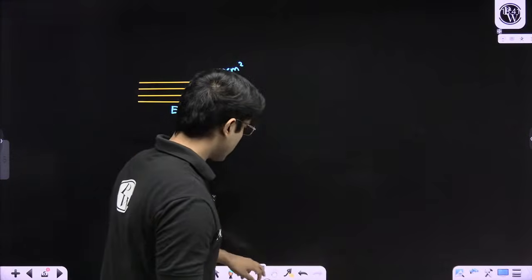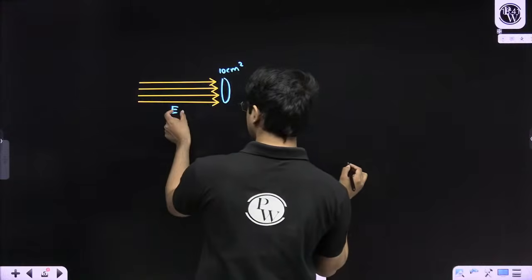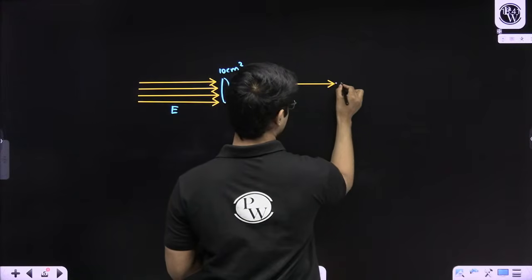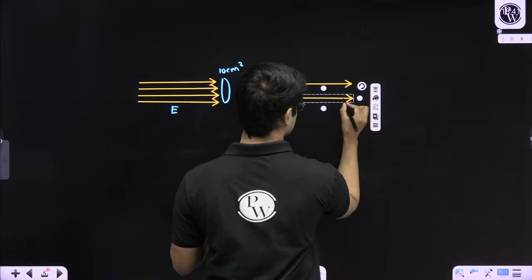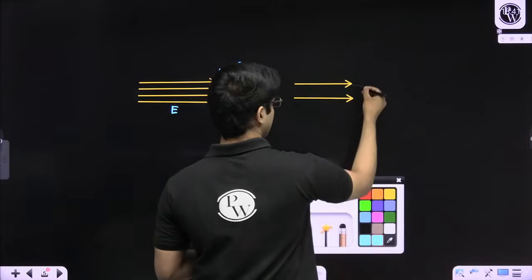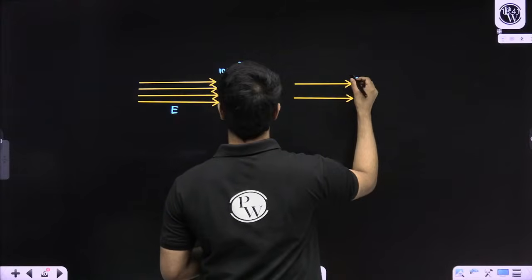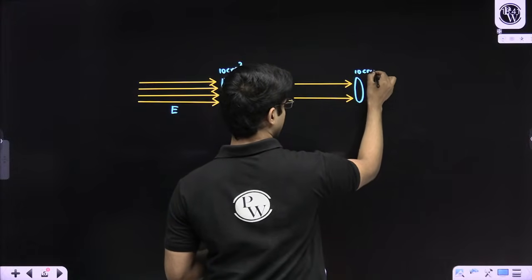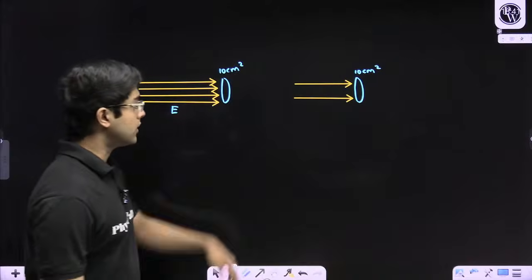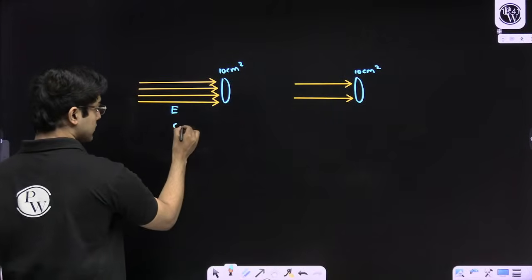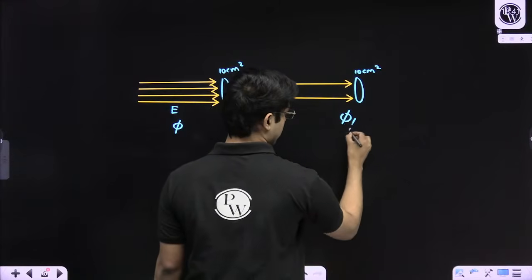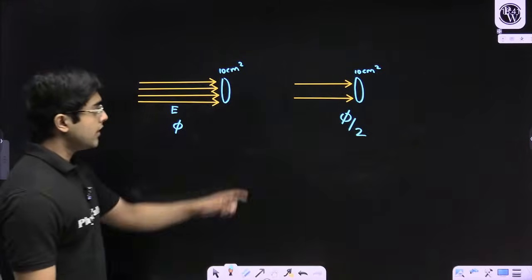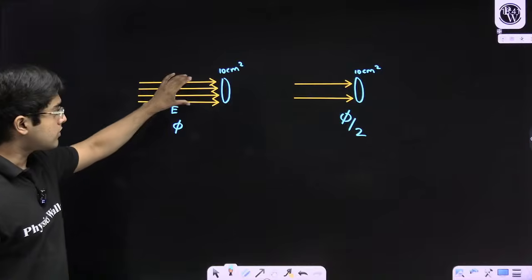Now let's say I want to draw the field line pattern of field E by 2. Then I will draw only 2 field lines. Now if I place an area of 10 centimeters square, only 2 lines pass through it. So if the flux here is phi, it will become halved, phi by 2. Why did I only draw 2 lines? Because that is a rule, right?